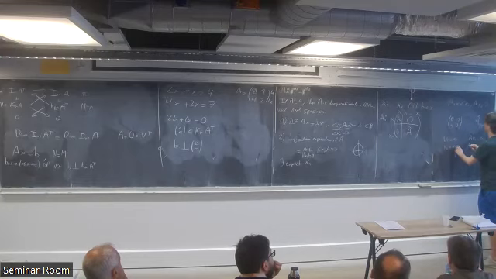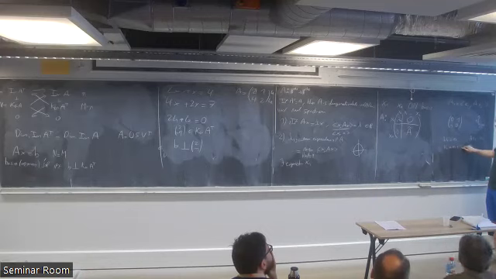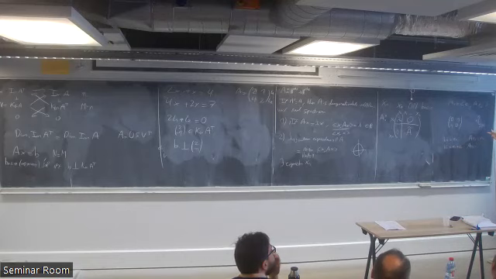I have to put something like E1 plus 2E2. So AV1 is equal to E2, which is V2 minus V1, and AV2 is equal to V2.